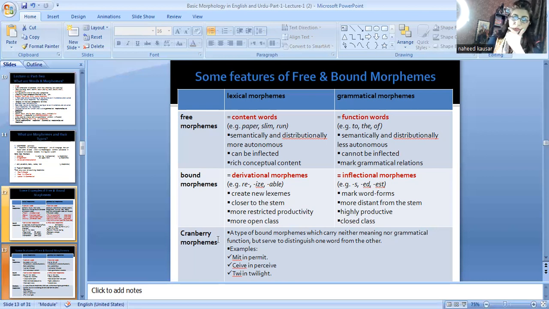Now, students, the cranberry morphemes. In contrast to free morphemes, cranberry morphemes are a type of bound morphemes, which carry neither meaning nor grammatical function. I guess that now you understand this detail.